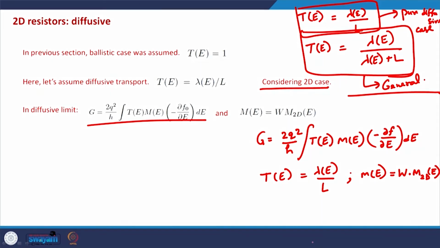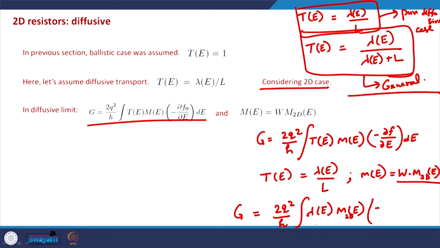Okay, so if we put these two expressions in this, the conductance turns out to be 2q square by h integral of lambda E Me, minus del f by del E dE, and this Me can be replaced by W times m2dE.